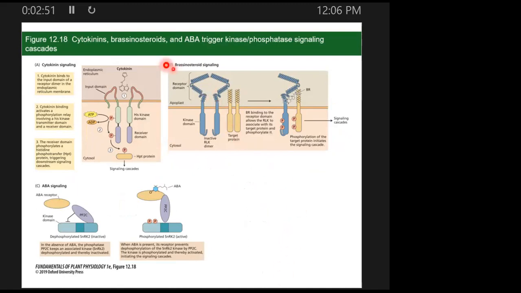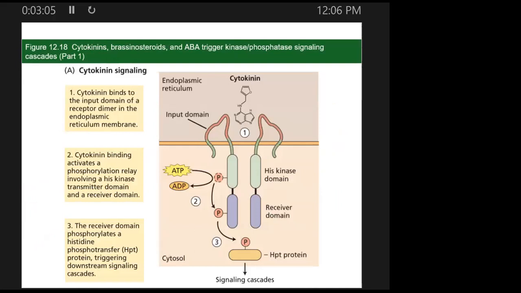But here they're looking at 3 different ideas with cytokinin hormone, the brassinosteroid type hormone, and abscisic acid. And so I'm going to take these one at a time. So here is cytokinin. And again, what's happening here? It's a phosphate transfer. You don't need to know the names of the players other than I'd like you to know a sensor kinase and a response regulator.